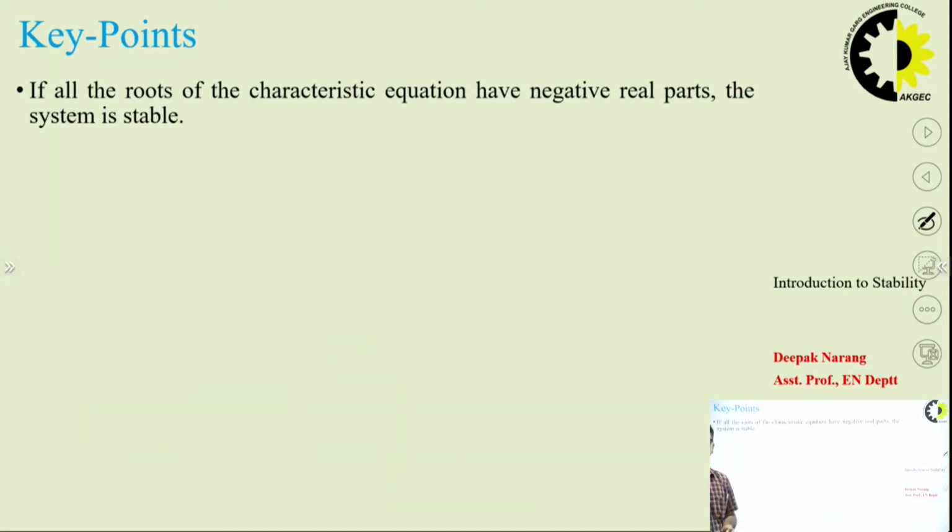So we can define key points for a system to be stable. If all the roots of the characteristic equation have negative real parts, that is, all the poles of the system are lying on the left hand side of the S plane, the system is said to be stable.